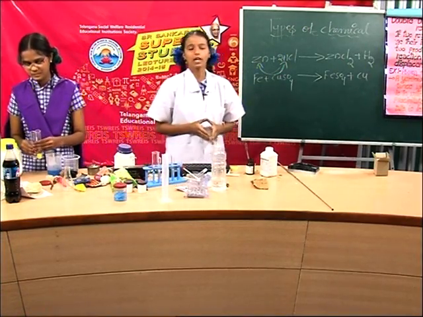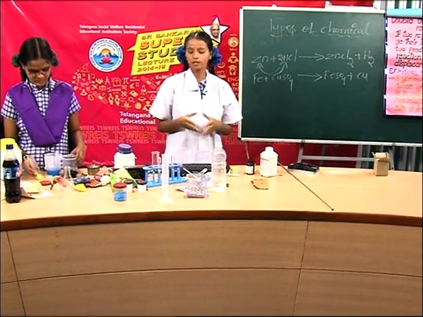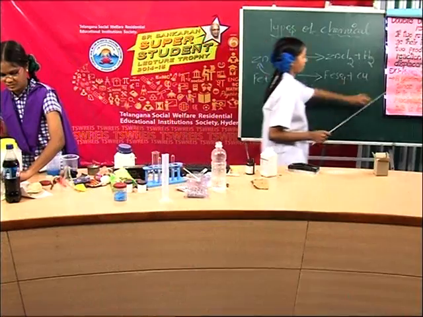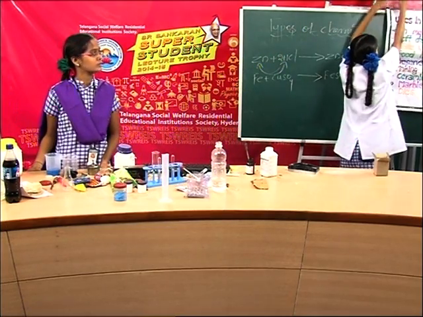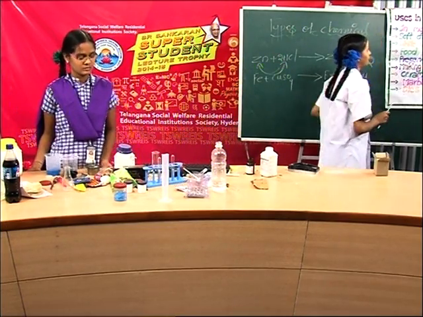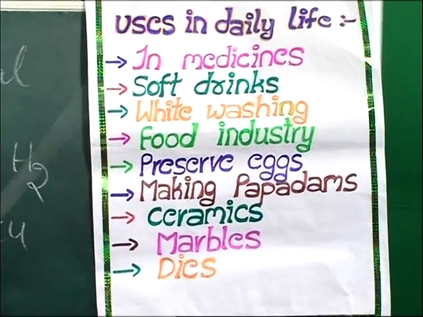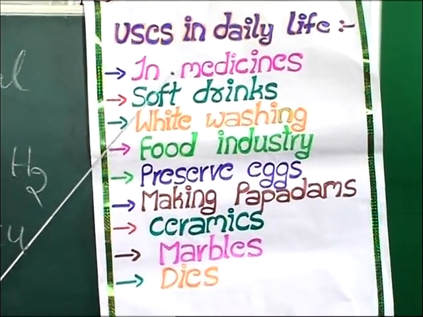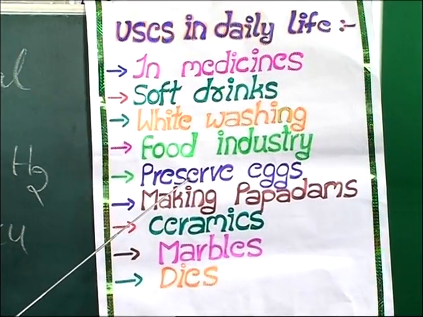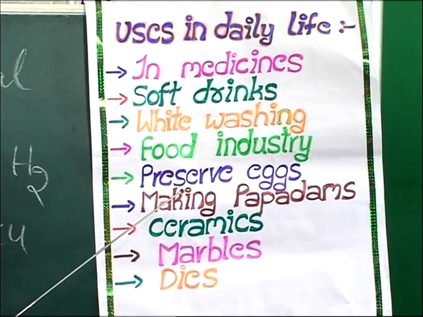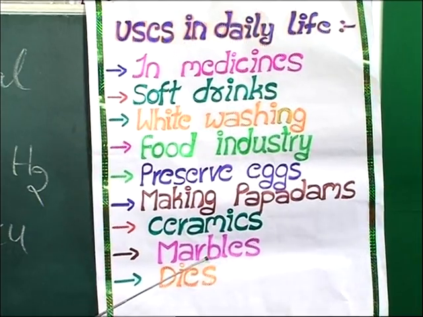In our daily life we are using all these chemical changes. In what ways? We are using these chemicals in medicines, soft drinks, whitewashing, the food industry, preserving eggs, and making papadums, ceramics, marbles and dyes.